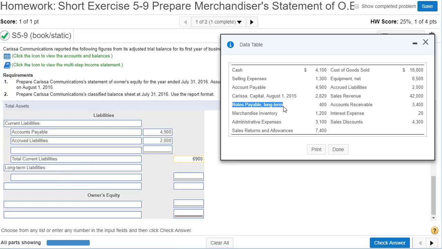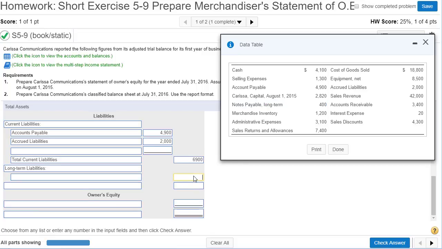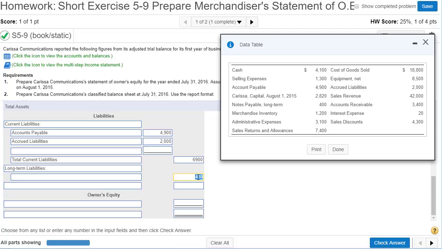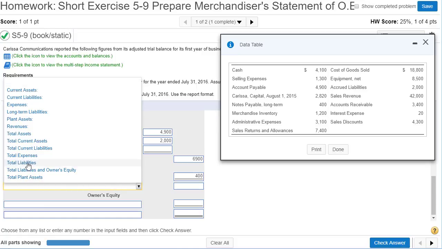Now we're going to look for the long-term liability, and the only one I see is this note payable, the long-term portion of the note payable, $400. And then notice what we're doing here is we're going to be adding current liabilities plus the long-term liabilities. So that means we're going to get total liabilities here.